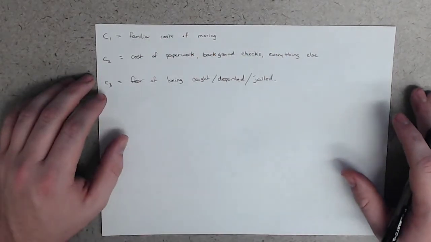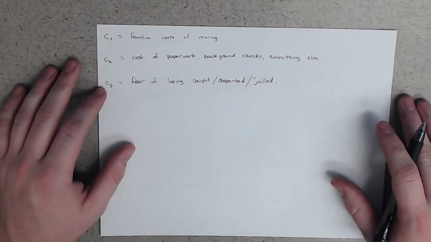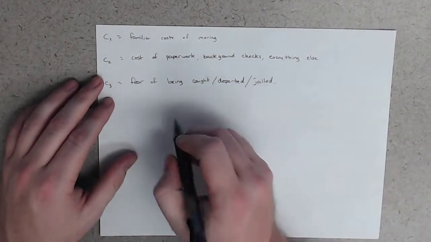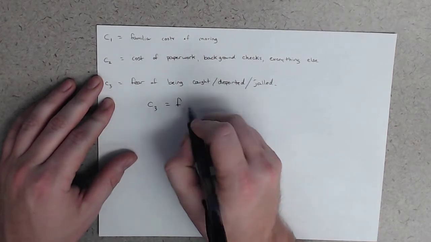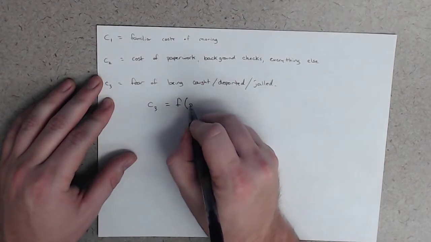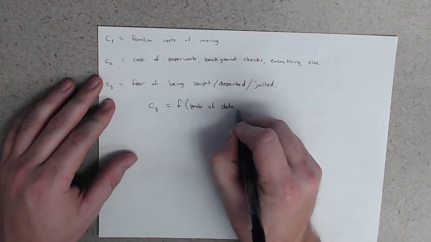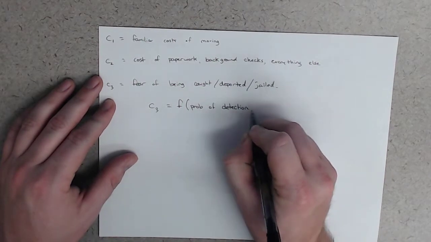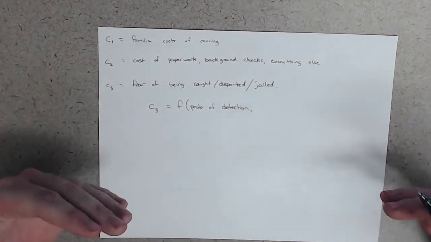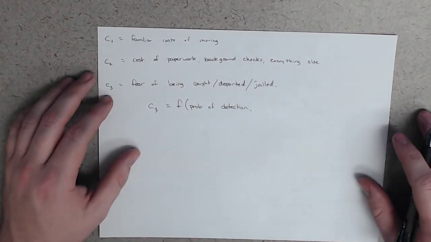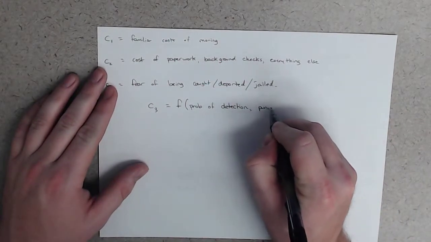Now C3 itself is going to be influenced by the probability of detection. So C3 is equal to a function of the probability of detection and the actual cost of the punishment, or the severity of the punishment.